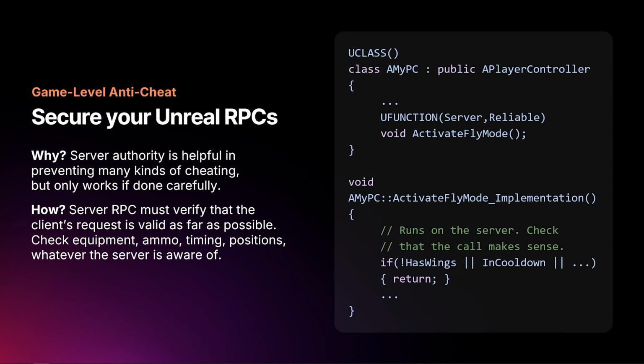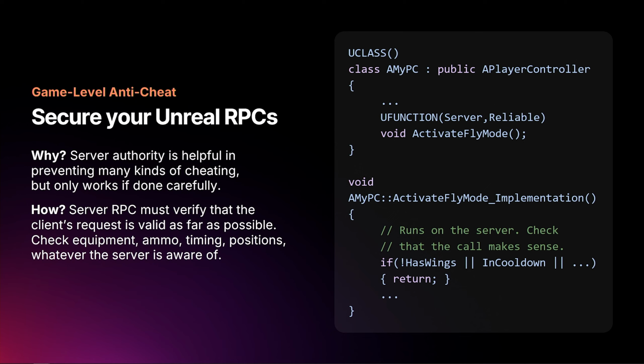Cool, then more UE considerations. RPCs are a challenge. Remote procedure calls are very foundational to Unreal networking and multiplayer. Server authority is very powerful in anti-cheat and just preventing certain kinds of cheats from even being possible. But it's really easy to get wrong. It happens to us at Epic. We add new stuff to Fortnite all the time, and sometimes mistakes happen.